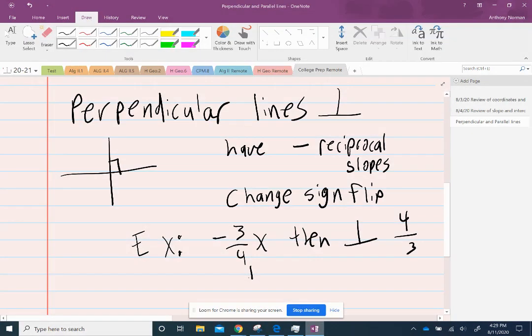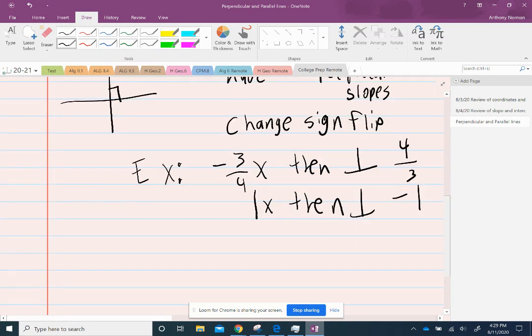If this is a positive 1x, then the perpendicular line is a negative 1x. If it's a positive 2, then it's a perpendicular negative 1/2.